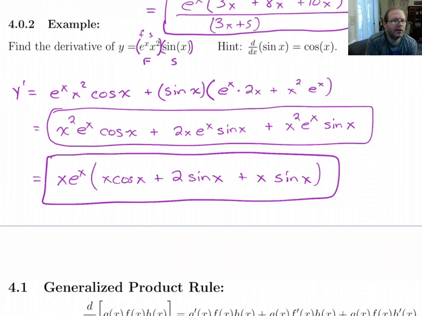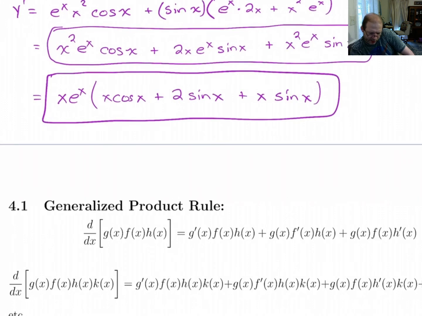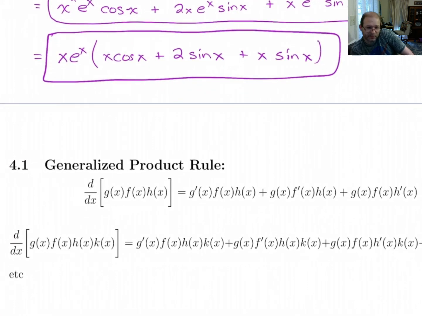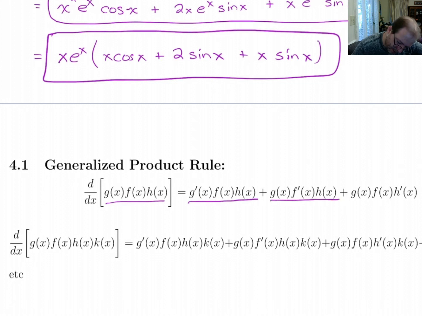So let's see. One other thing I want to mention. On this one, we had three things multiplied together, and we split it up. It turns out you can use what's called the generalized product rule to do this kind of problem. If you've got three functions multiplied together, what you can do is come over here and basically do this.